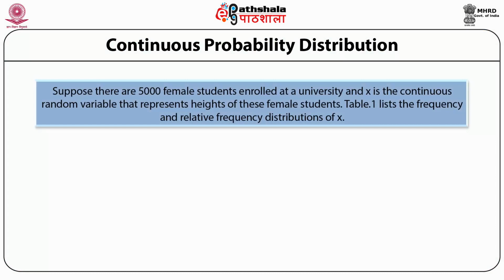Suppose there are 5,000 female students enrolled at a university, and X is a continuous random variable that represents heights of these female students.